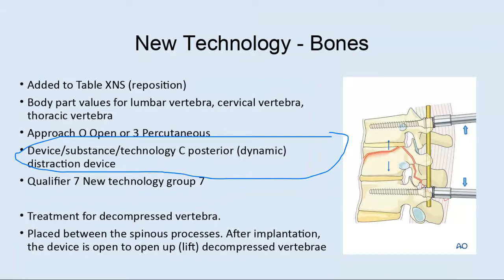So the distraction device is inserted, and then after it's implanted, the device can be opened up, and that will lift the decompressed vertebrae. See the arrows here? So it's put in, it's decompressed here, and then it's put in and moved. That's what dynamic means, so that it makes more room. It's not all pushed together.